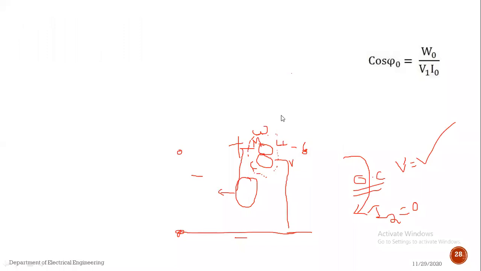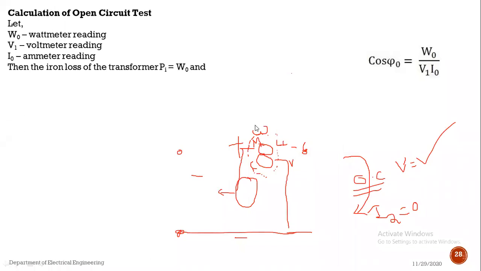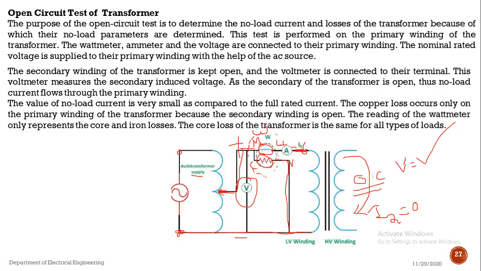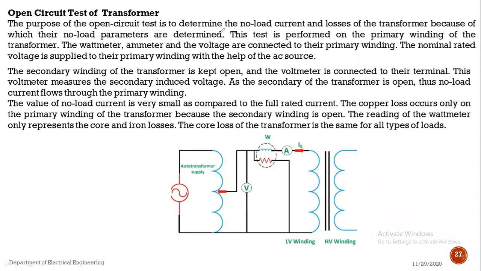Okay, now the calculation part for the open circuit test. आता open circuit test आपण conduct केली. The ammeter will show some reading, the wattmeter will show some reading, and the voltmeter will show some reading. See, suppose the voltmeter reads 230 volt supply.